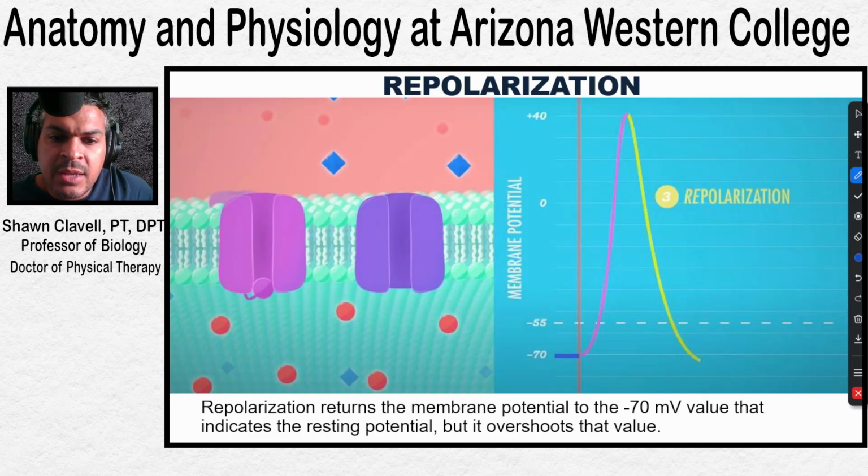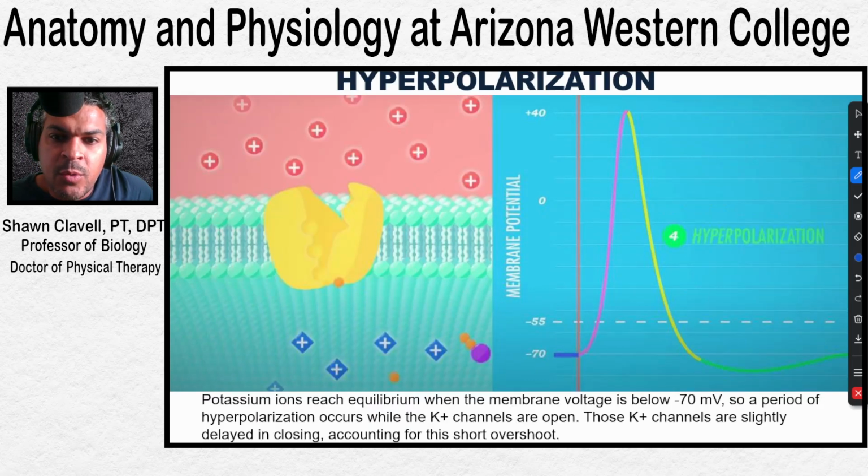As a response, they stay open just a little bit longer, particularly potassium channels, which are a little bit delayed in closing, and as a result, you get a little bit of an overshoot.